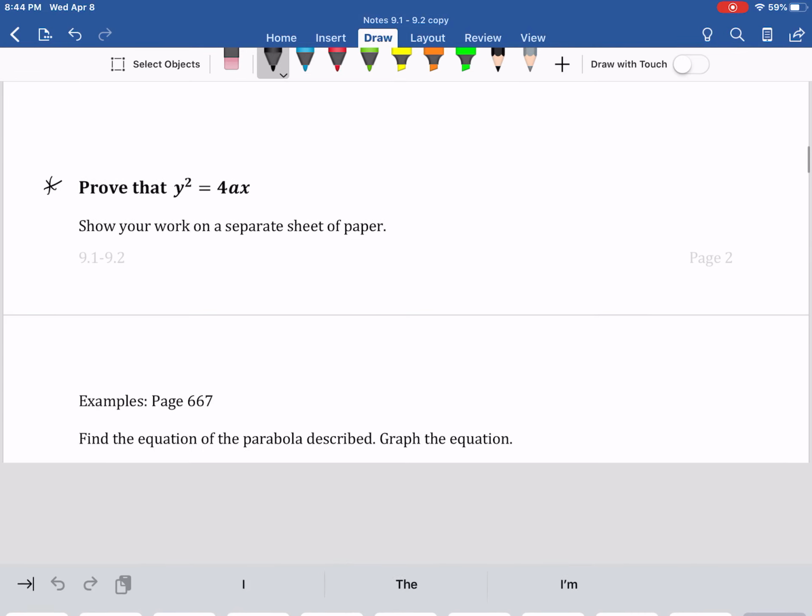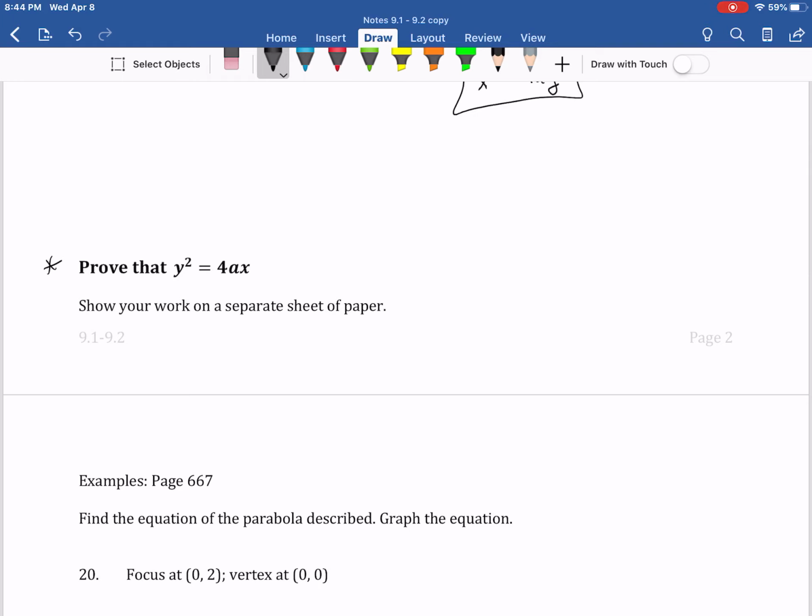I'll give you till Monday, which is the 13th, at 3 p.m. That way, if you have any issues with it over the weekend, you can log into the Zoom office hours from 2 to 3 and get some help if you need it. Submit that by email: scan your paper and email it to me by 3 p.m. on Monday, April 13th, so I can see your work.